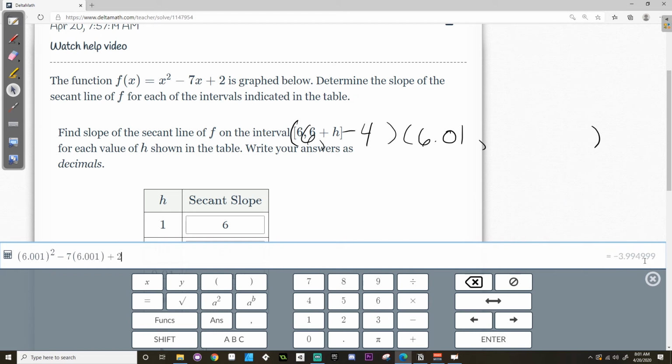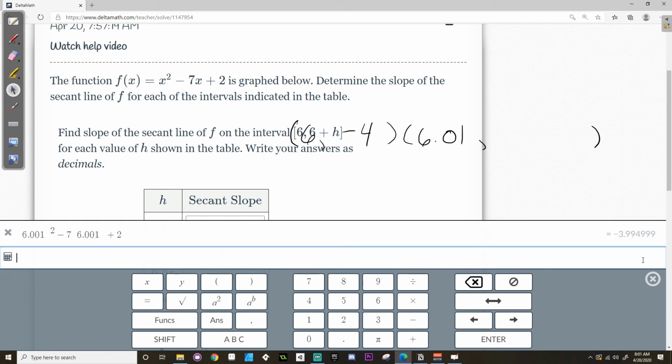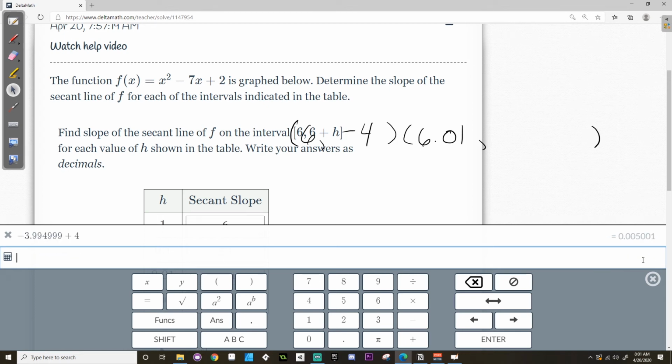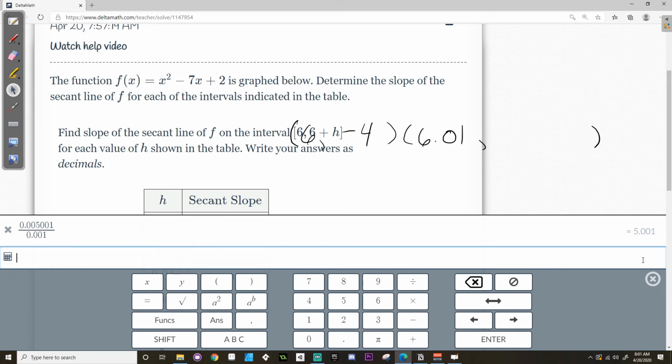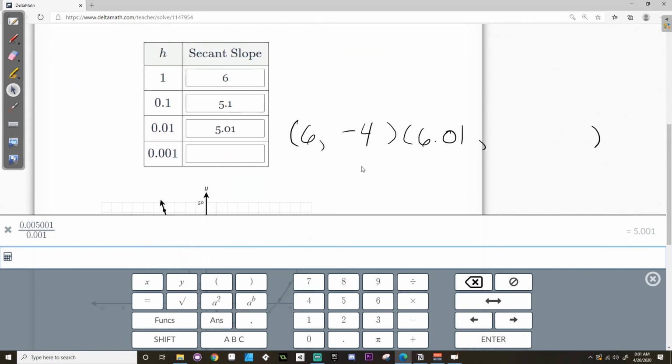So I get this number. And now if I do negative 3.994999 plus 4, and then that divided by 0.005001 divided by 0.001, I get 5.001.